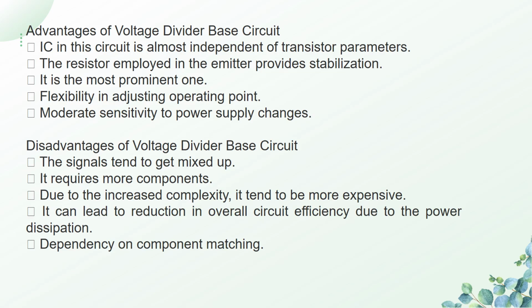It also leads to a reduction in overall circuit efficiency, because since we have many components, each component leads to power dissipation, which in turn increases the total power dissipation of the circuit. So it is necessary to provide heat sinks, and the circuit is dependent on component matching.